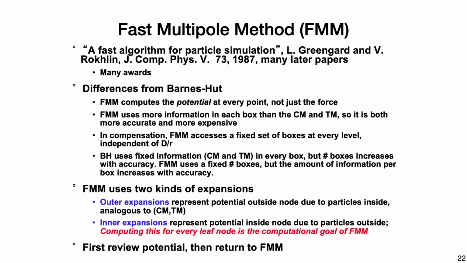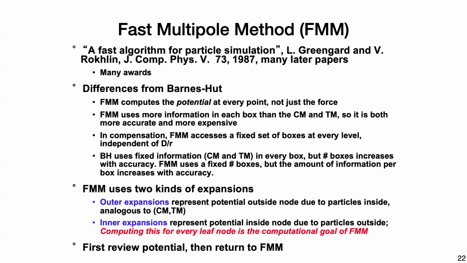As a result, FMM uses more information in every box rather than the center of mass and total mass, which are just one single scalar value each. Instead, FMM uses an expansion of some sort of approximation, and the expansion has a bunch of different terms. The accuracy and the runtime of the FMM depend on how many terms you expand.